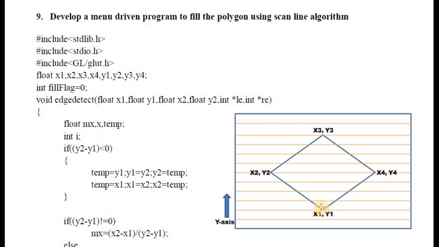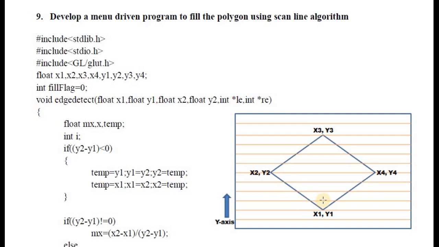So we will have the value of x at this particular point and the value of x at this particular point. Once we find the x value, that is, you find the slope of this line, after which you can find the value of x at this particular point.